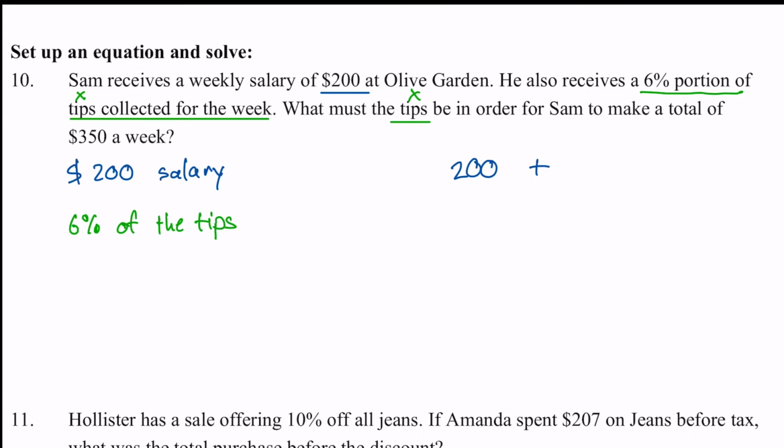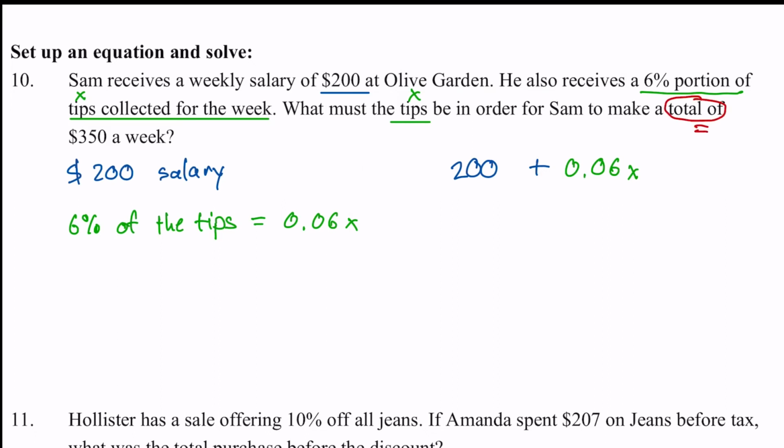Anyway, so 6% of the tips. And so what we can think about this right here is going to essentially translate to 0.06x. So again, there's a decimal involved. We're working with numbers, so we do need to do the translation. So that is going to be here. And then what must the tips be in order for Sam to make a total? So a total of is what we're equal to.